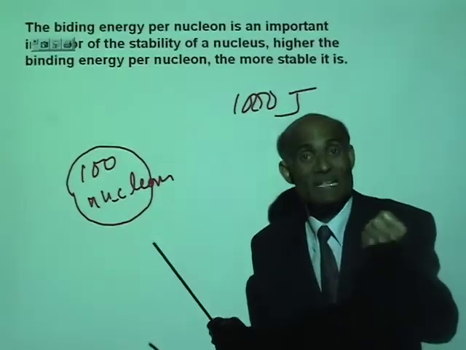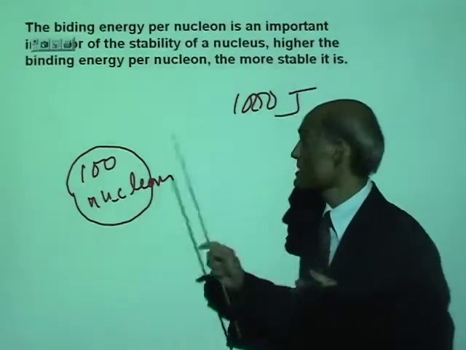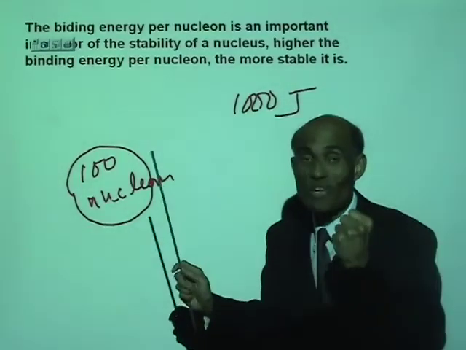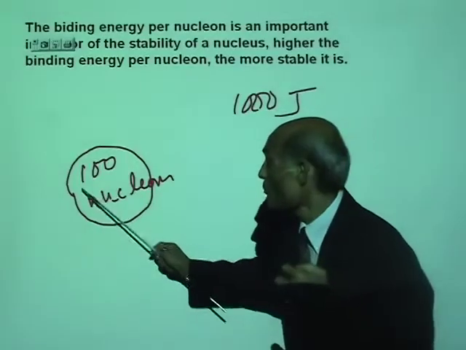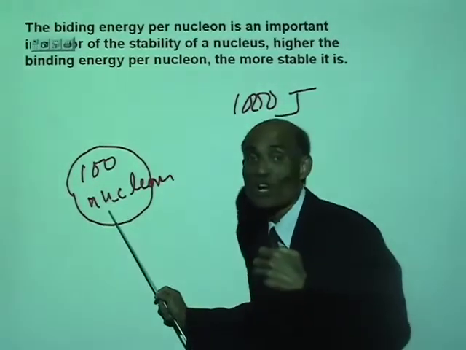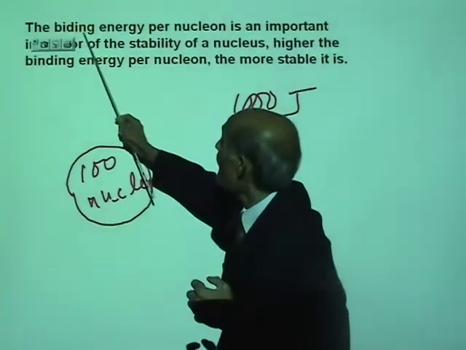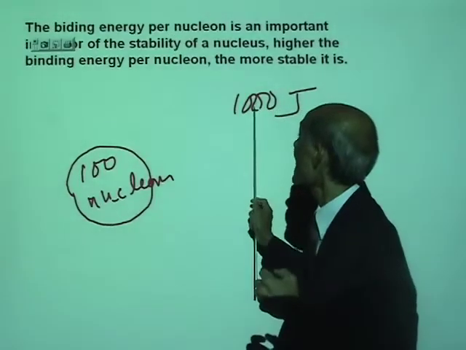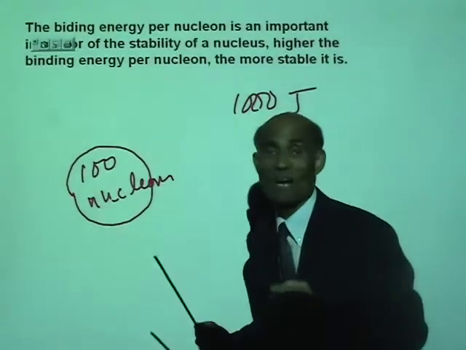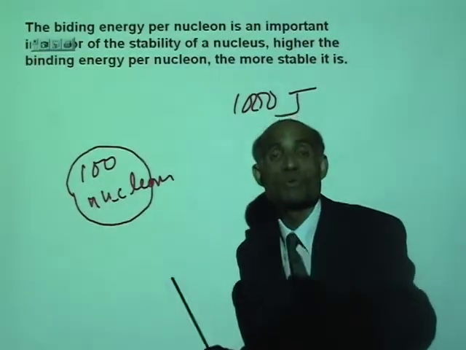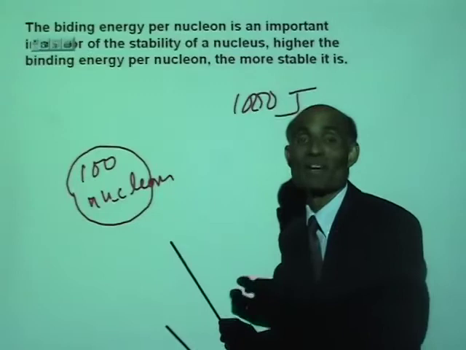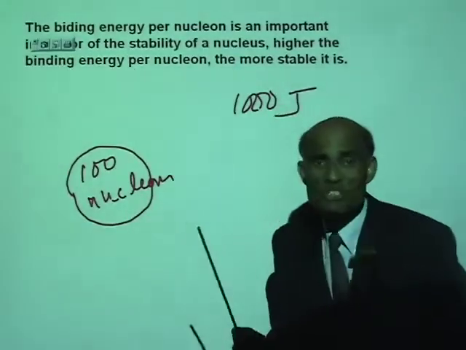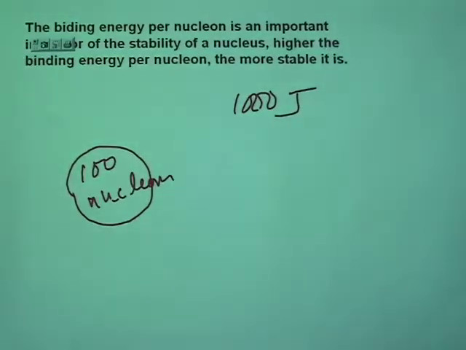Each student will get 10 M&Ms. Similarly, a total binding energy of 1000 joules is for 100 nucleons. So what is the binding energy per nucleon? It is 1000 joules divided by 100, which is 10 joules per nucleon. Now, this measure is an important indication of the stability of the nucleus.